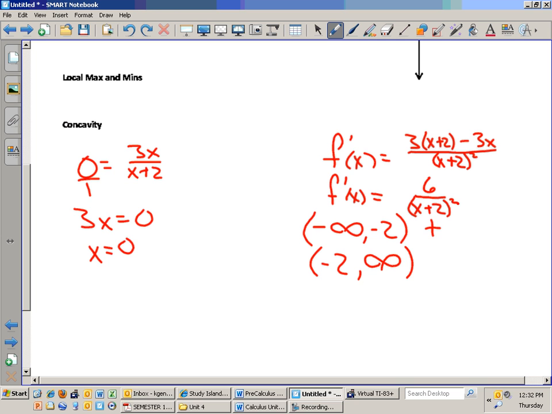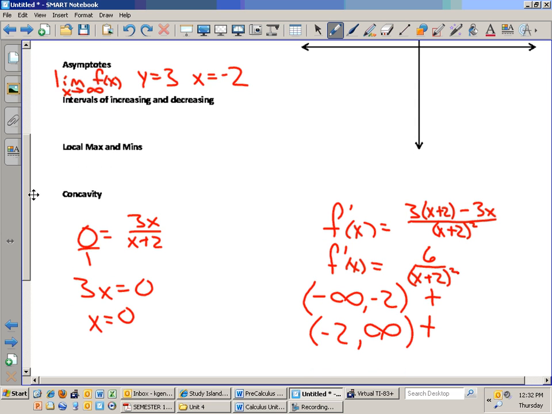Okay, we plug in 0, we get positive. That tells us that it's increasing. So, is it ever decreasing? No. So the behavior is increasing on the intervals negative infinity to negative 2 and negative 2 to positive infinity.